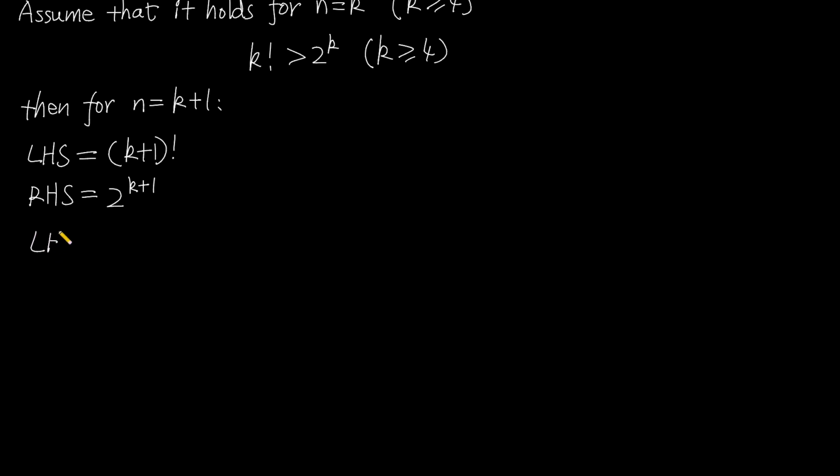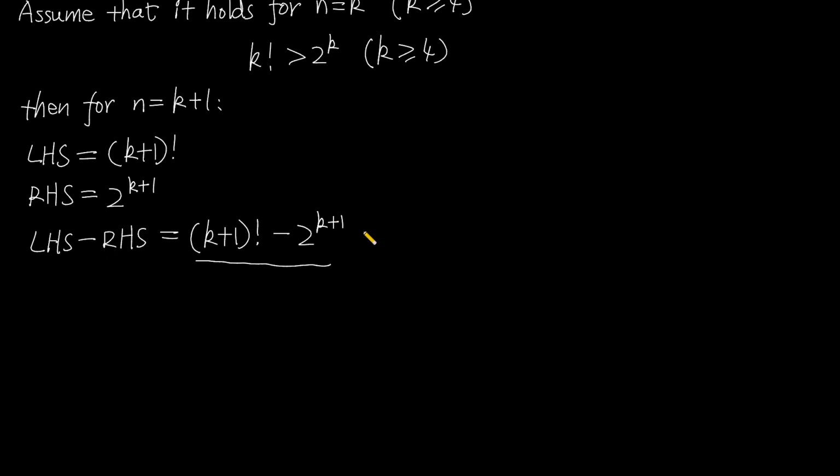Now left hand side minus right hand side equals k plus 1 factorial minus 2 to the power of k plus 1. If we can prove that this is larger than 0, then left hand side minus right hand side is larger than 0. Then the left hand side is larger than the right hand side.